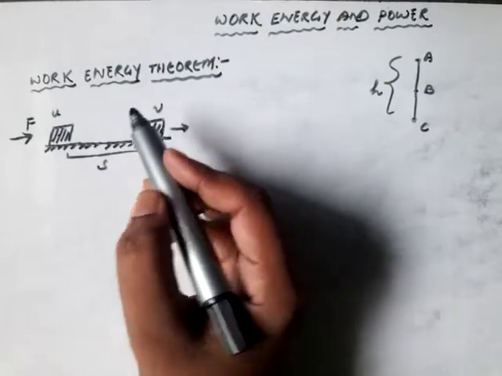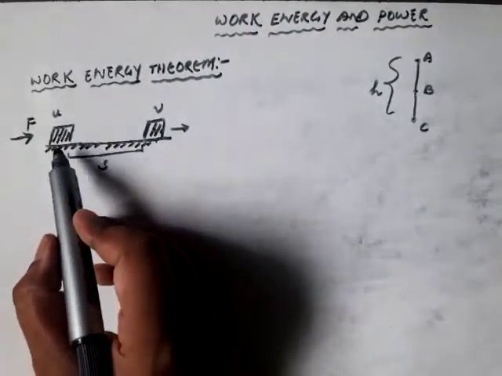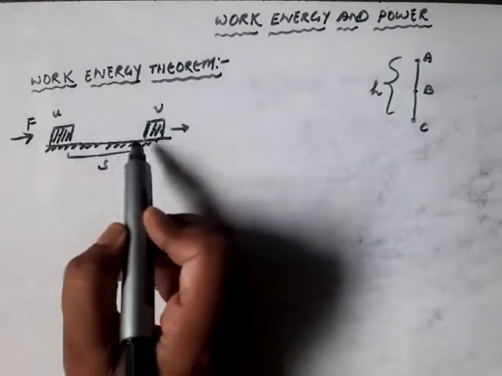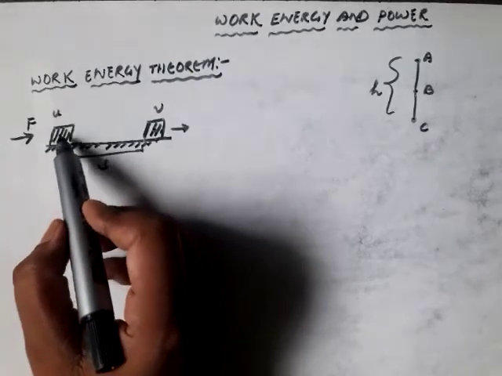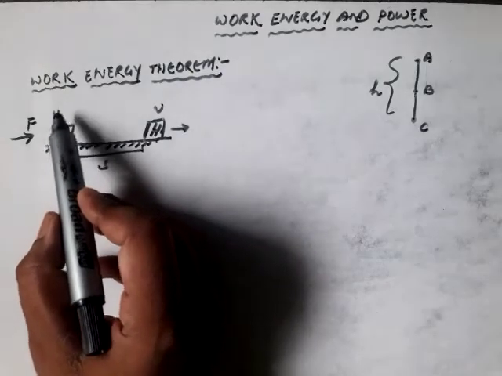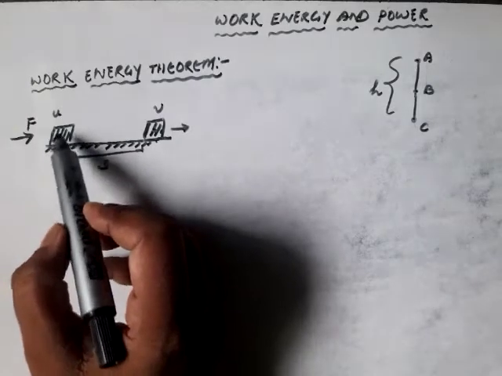So dear student, you already know that initially, on a smooth surface, a block is here with initial velocity u equal to 0, at rest.